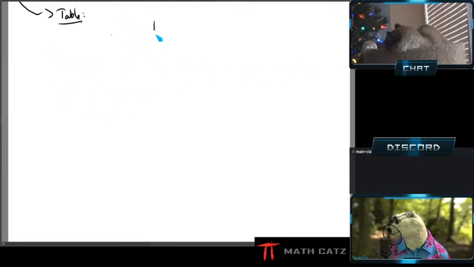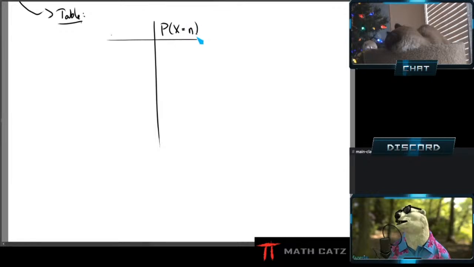It really doesn't matter. I'm going to do a column. So now I want my heading to be the probability that x equals a number. And that number is going to range from 1, 2, 3, 4, 5, and 6. Those are all the possible values that x could have. So I use a little n for convenient table column headers.